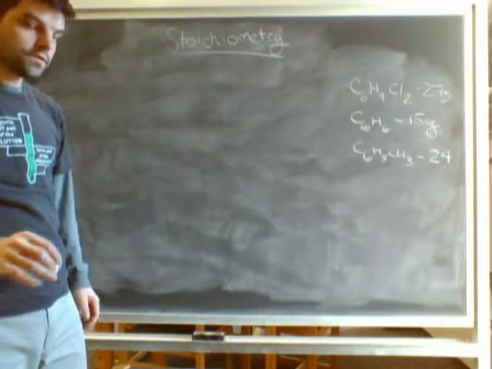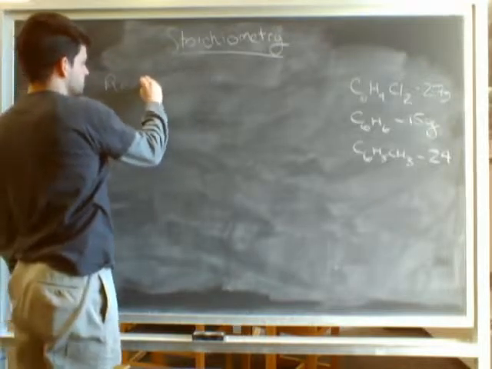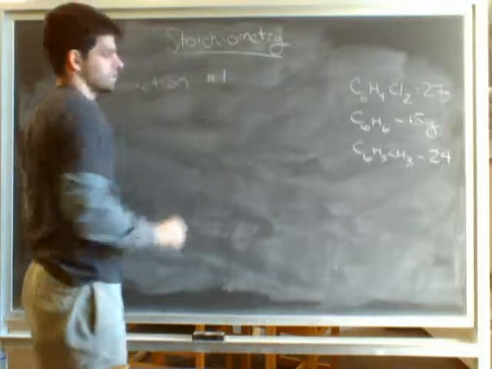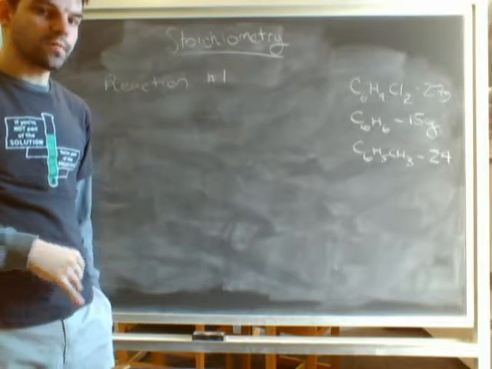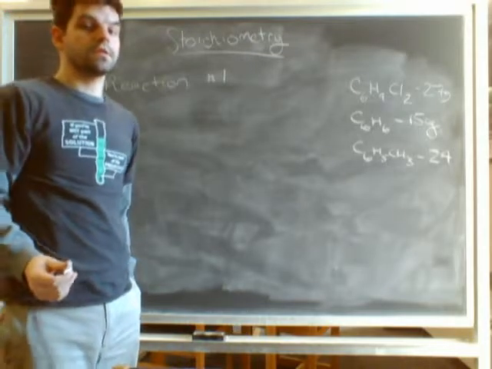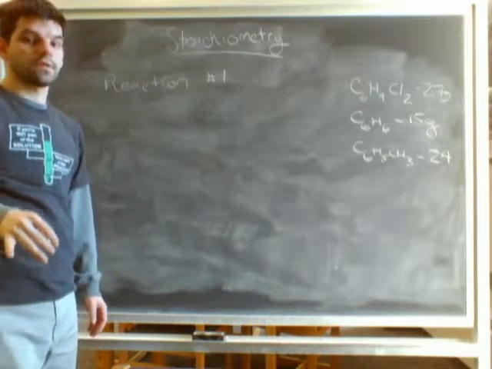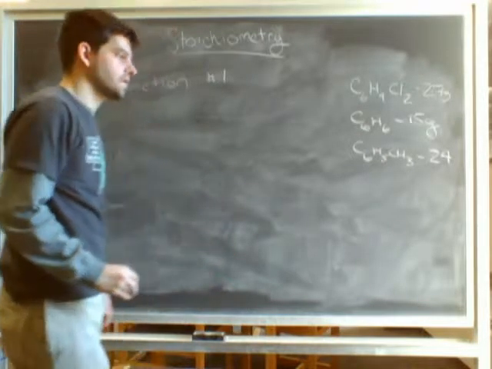Okay? And here's how you do this. We're going to set up two chemical reactions, and each of them are going to show us from the benzene reacted how many moles, which we can eventually convert into grams, are created from the original substance to the product. And here's what I mean by that.